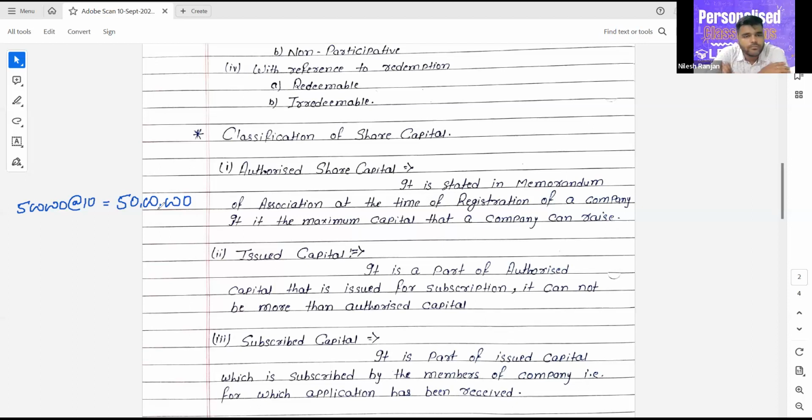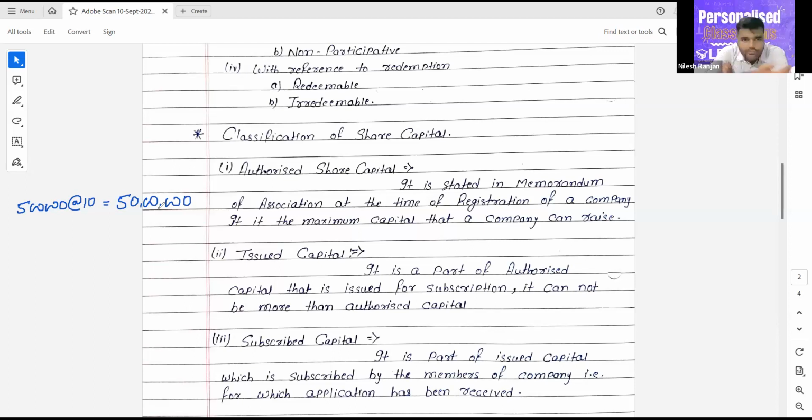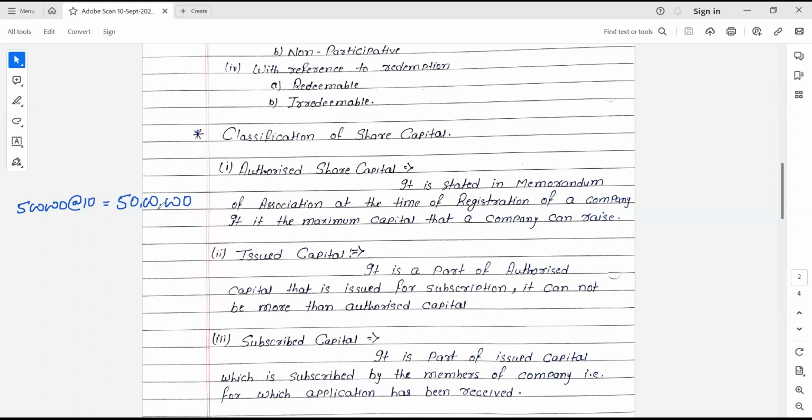So whenever we need money, we get it from that capital. So authorized capital is the total capital of a company, and the company will not use it at a single time.